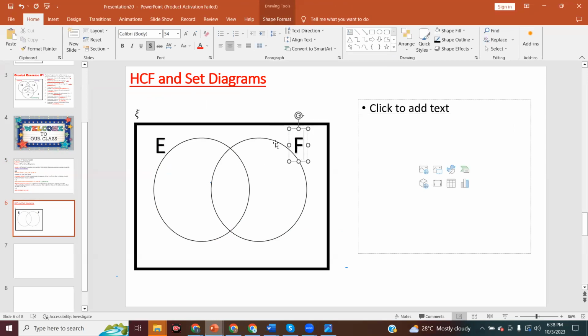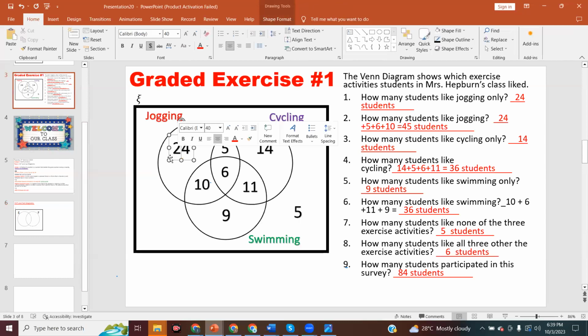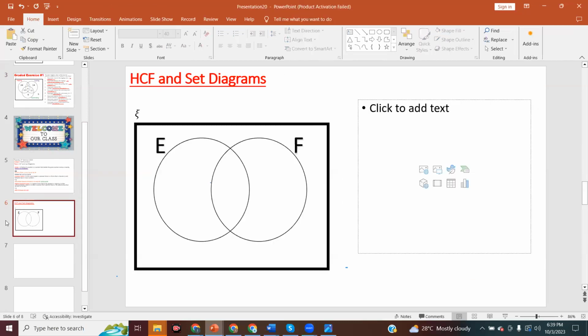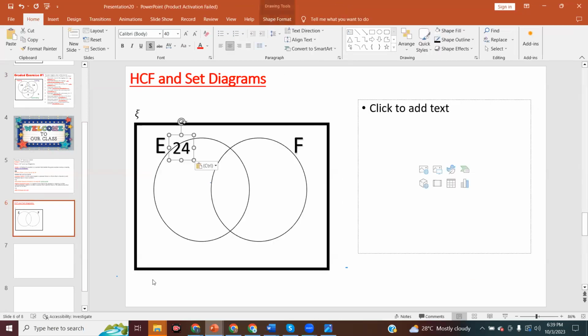So this is E, this is F. And let's say that we have some numbers inside. The numbers that we have are 9 and 18. Okay, so we have 9 and 18.